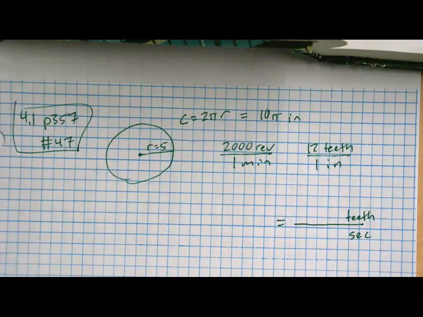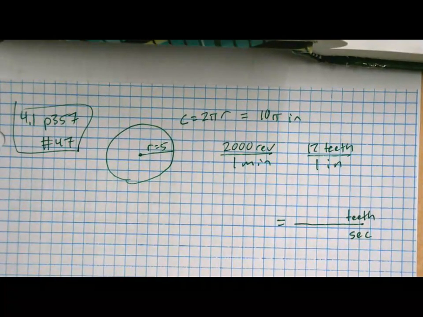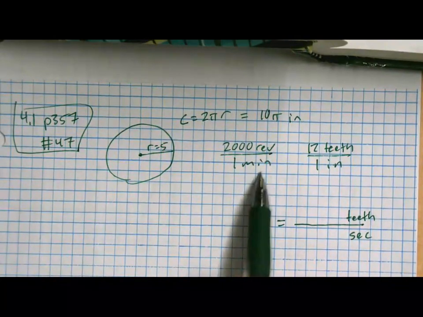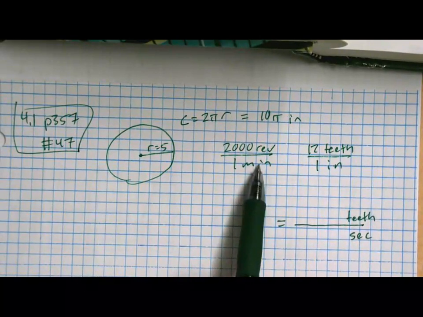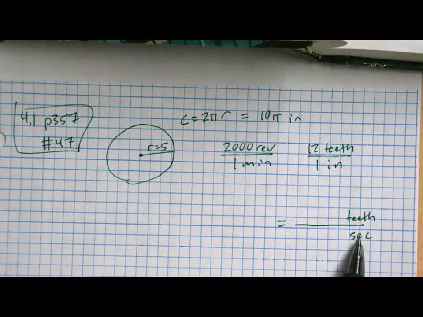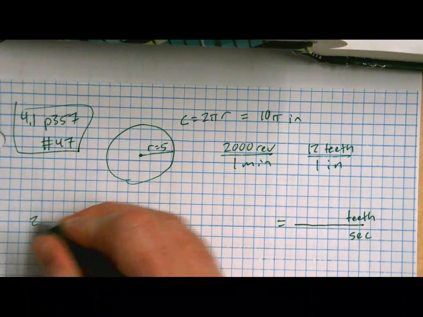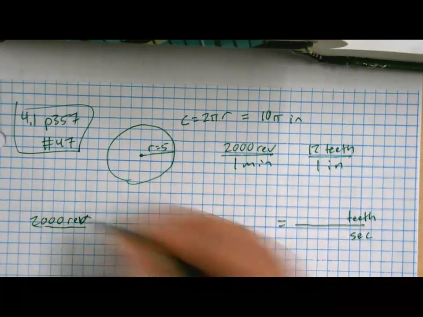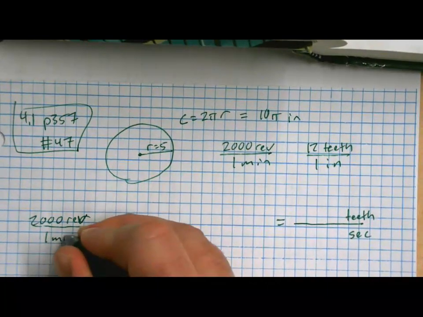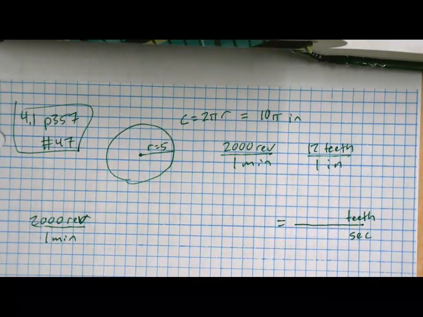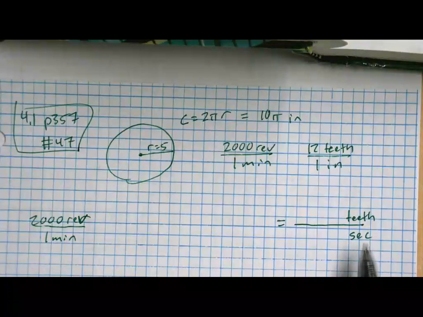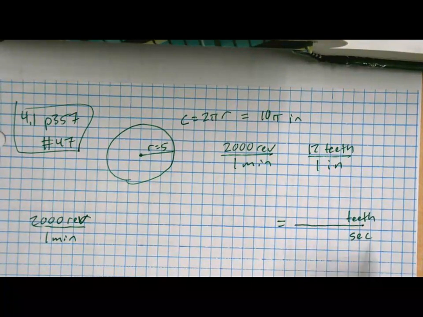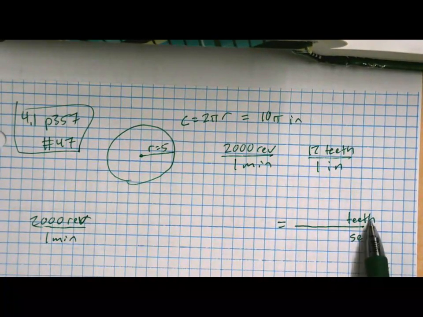I think I'll start with this because it's got minutes on the bottom. That's a unit of time, so I think I can convert that. So 2,000 revolutions per 1 minute. I should then be able to convert minutes into seconds. That'll be relatively simple. I'm going to have to convert revolutions into teeth.